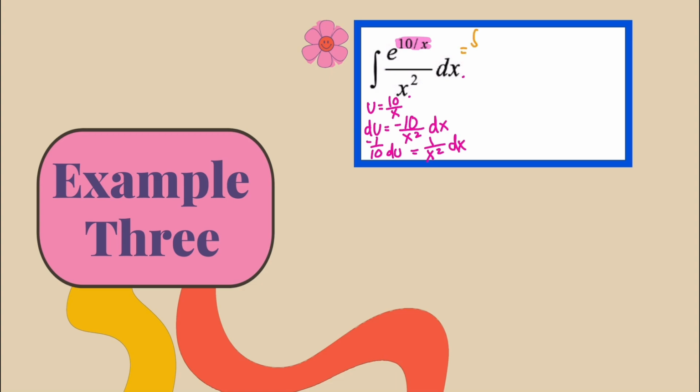Now that we know all of our u terms, we're going to rewrite the integral as we have been. It's going to be e to the 10 over x times 1 over x squared times dx.